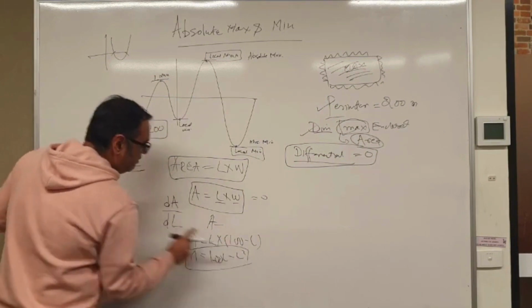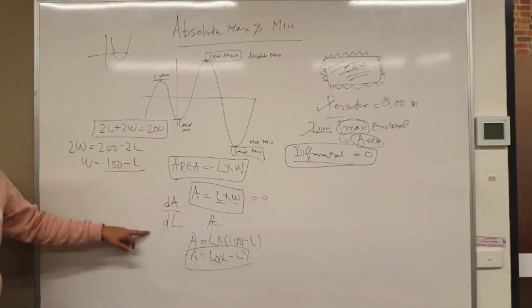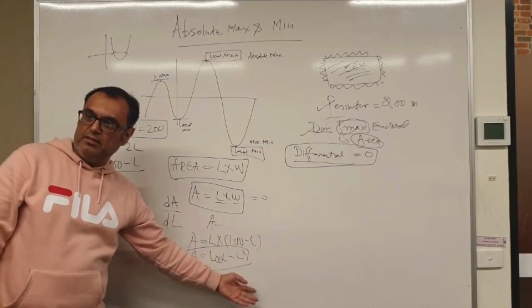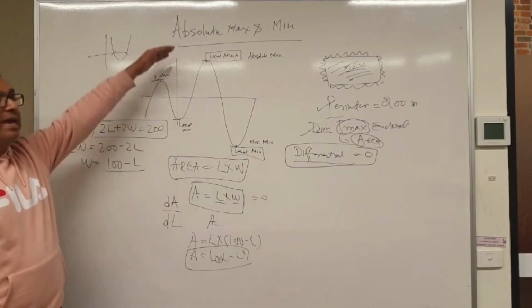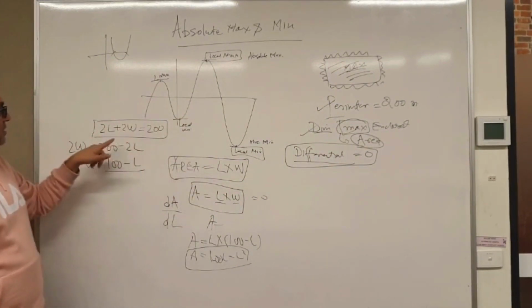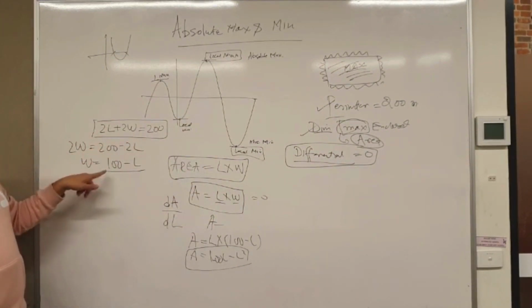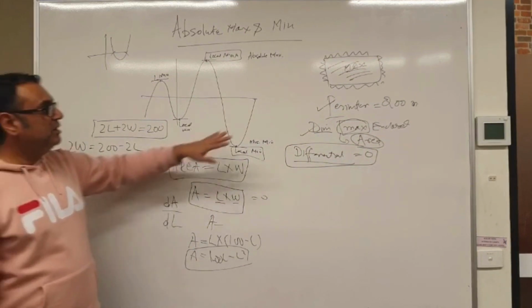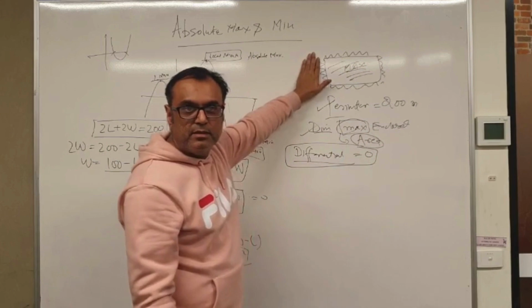Now you can easily find dA by dL, equate it to 0, find the value of the length. The length value will be the max length value. So once you've got that, plug this here, probably here, and find width. That is what is required in here.